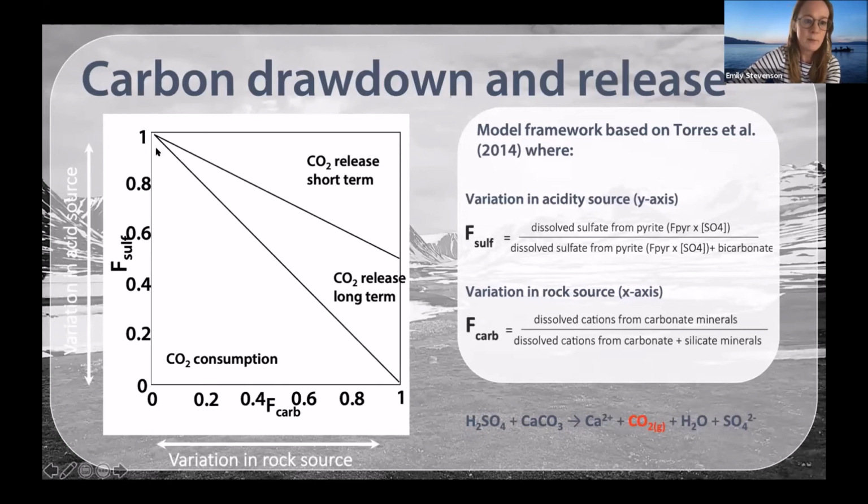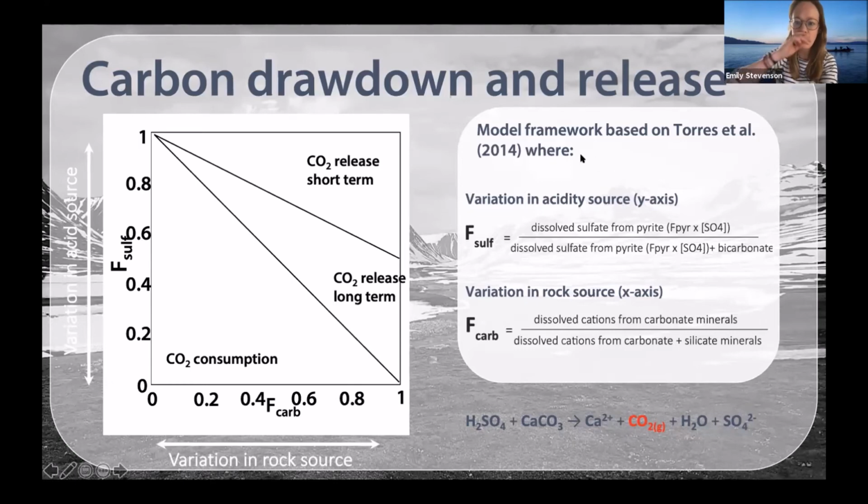Variation in acidity source means 1 is all sulfuric acid and 0 is all carbonic acid or no sulfuric acid. And then these lines divide or define space where the combination of rock type and acidity type either releases CO2 to the atmosphere or it draws down CO2 from the atmosphere.